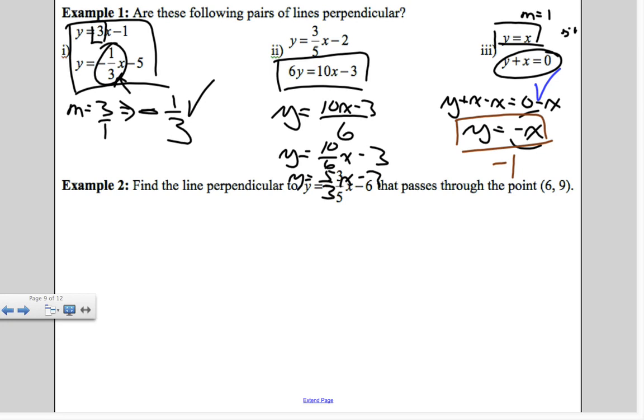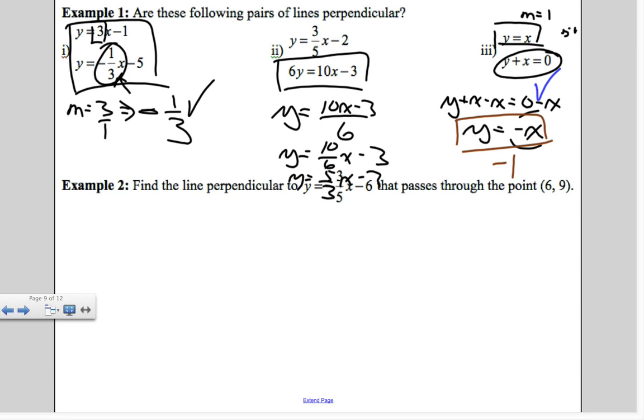So for homework, do example number 2. This one is similar to the parallel line ones, except now you're not stealing the slope.